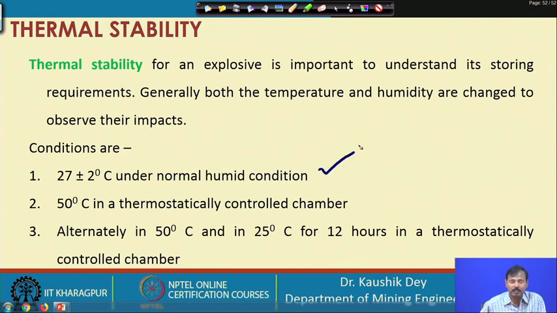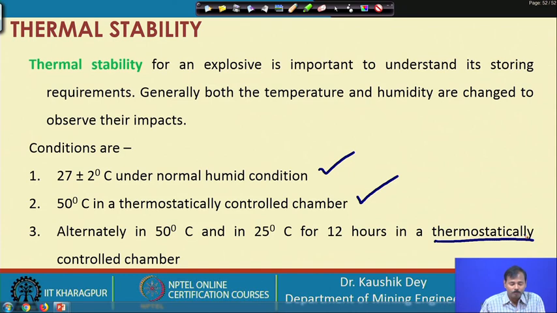temperature and under the normal atmospheric humid condition. The second storing is at 50 degree centigrade, that is the high temperature, which is provided in a thermostatically controlled chamber, and we see the impact of that high temperature on the stored explosive. Third one is alternately 50 degree centigrade and 25 degree centigrade for 12 hours in each condition, and both the chambers are thermostatically controlled, and we see if there is any change in the chemical composition of the explosive or not.